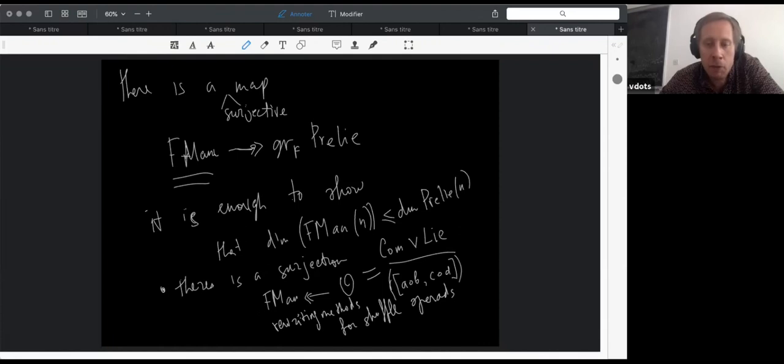So essentially it also uses shuffle operads in Gröbner basis. So this is the first step, that there is a surjection like this.